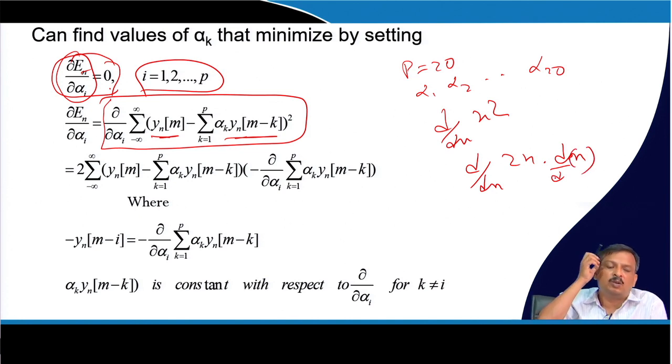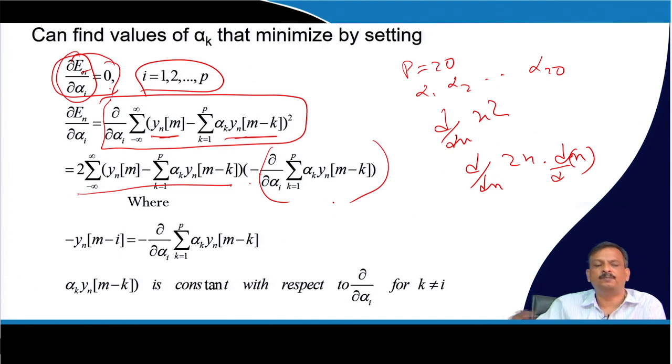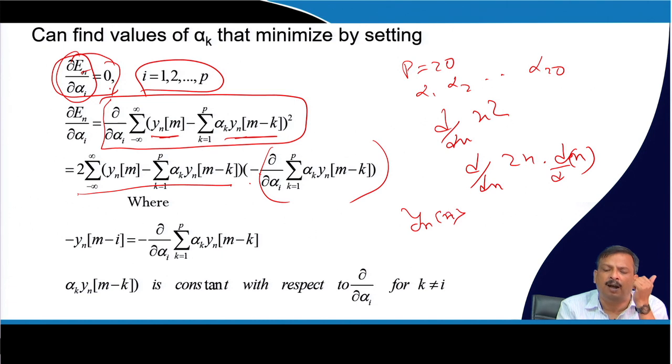So I get 2 into this term into minus the derivative of the estimate. Is it okay? Because y_n[m] does not contain any alpha, the derivative of y_n[m] with respect to alpha is 0. Only the other part has alpha, which is why that part remains.